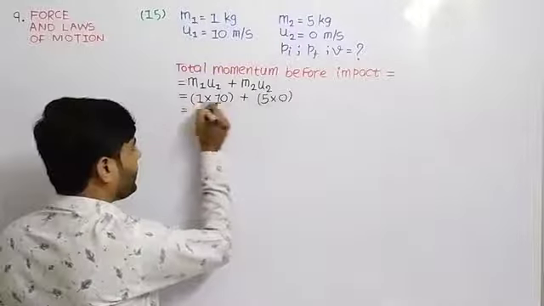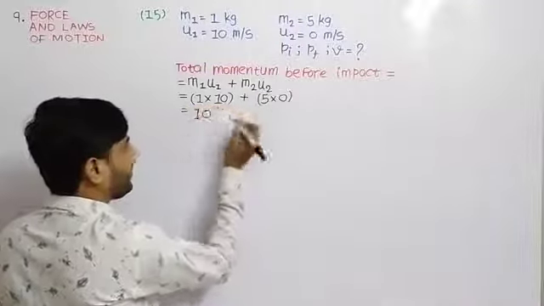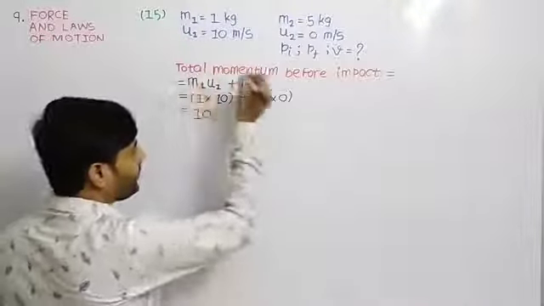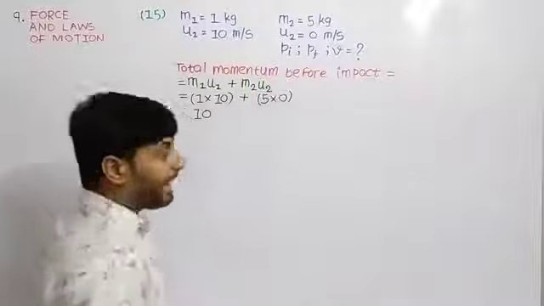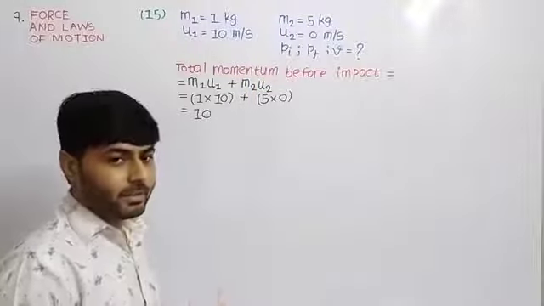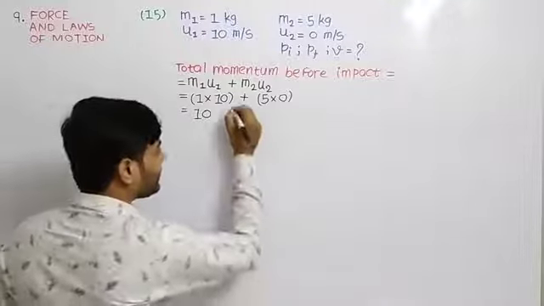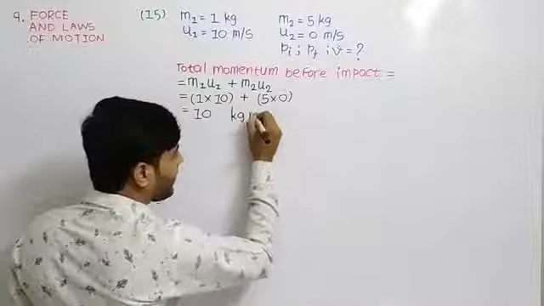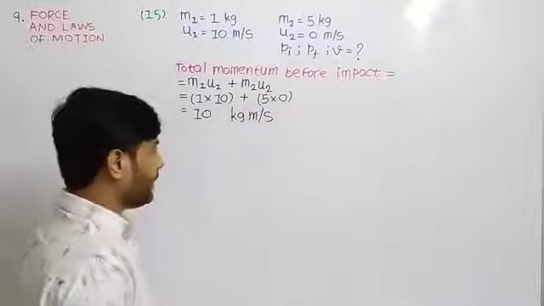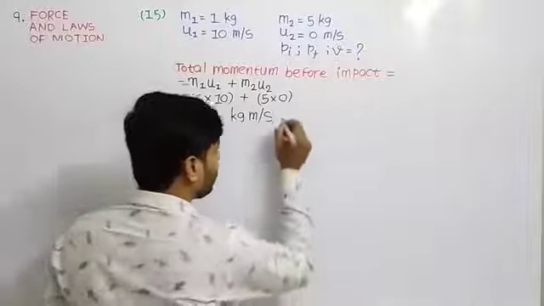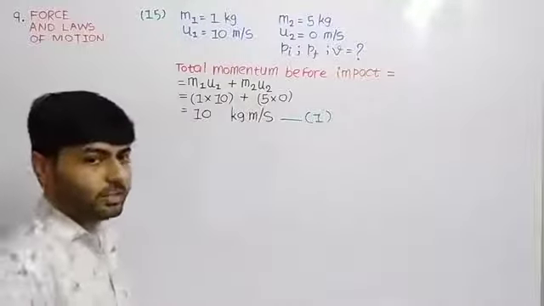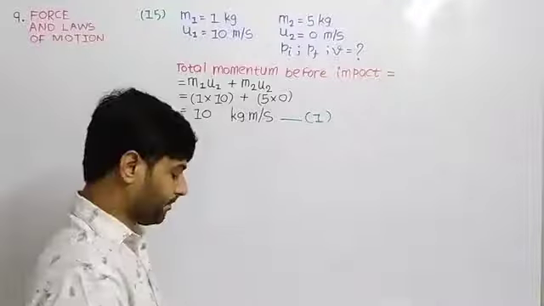So I have 10 into 1 that is 10, plus 5 into 0 that is 0. So total momentum before impact is equal to 10. What will be the unit? Think by yourself. That is kg meter per second. Don't forget to write this unit, kg meter per second, and give this equation number 1 or result number 1.